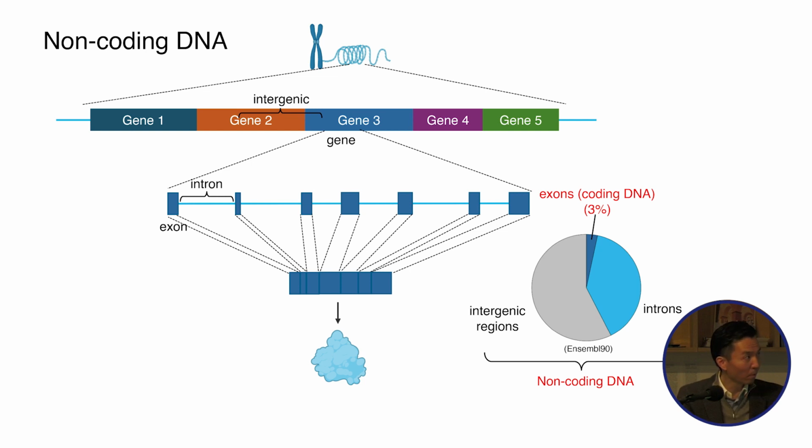You might think genes exist sequentially in the genome, but in reality, genes are scattered over our genome. Between 2 genes, there is a region called the intergenic region. Besides, genes are usually composed of multiple exons and introns, and because only exons can code for a protein, overall, the coding DNA accounts for only 3% of our genome, and the rest is non-coding DNA.